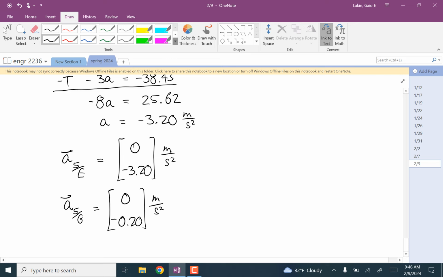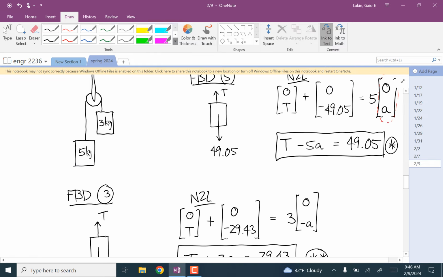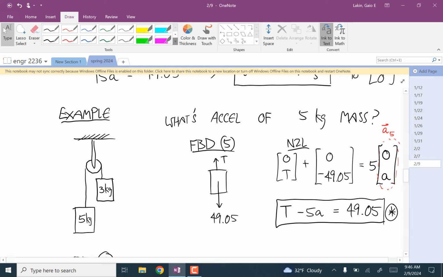I think the most interesting part of this answer is the acceleration to an observer on the elevator. One way you could think of this is this thing was always on an elevator. Just in the first example we did, it wasn't accelerating.